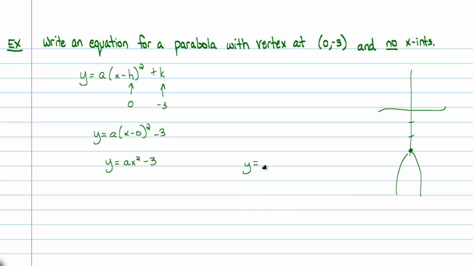I'll choose negative 2. So y equals negative 2x squared minus 3. But anything with a negative coefficient on x squared would be correct. Because anytime you graph this parabola, it will always open down. It will always have a vertex at 0, negative 3. So therefore, it will not have any x-intercepts. That's it.